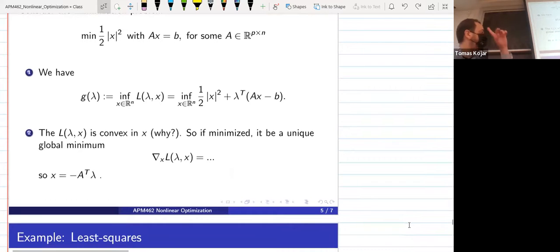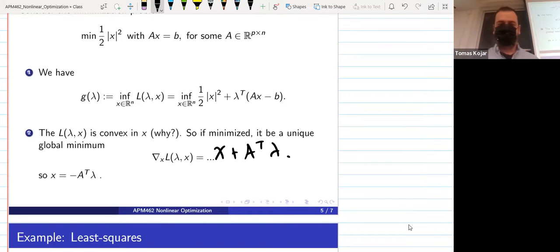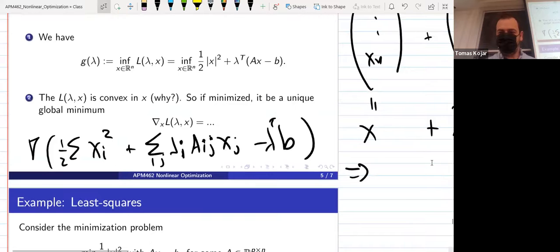So I didn't get it right. It was A transpose lambda. So the gradient is equal to X plus A transpose lambda.